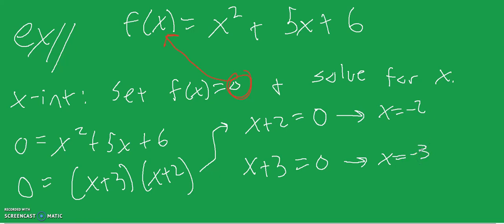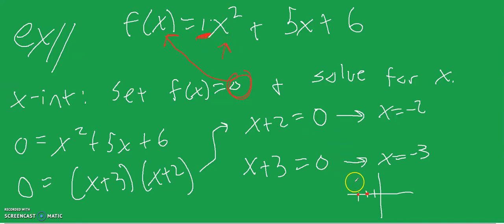If I were to graph that, we have negative 1, negative 2, negative 3. The x-intercepts occur at negative 3 and negative 2. Now, I look at the coefficient of my x squared term, which is a 1, so that means it opens up.